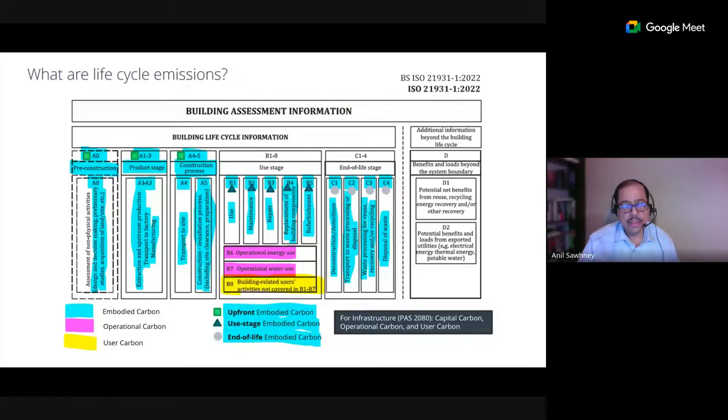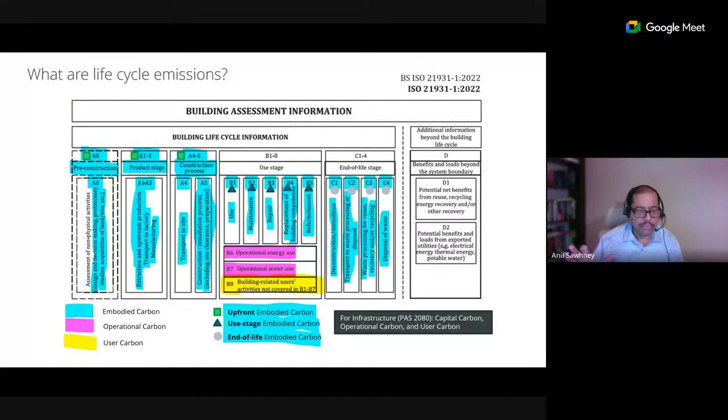Module B is when the asset is being used. So it's called use stage. It has B1 through B8 submodules. Module C is end of life stage. That is when you repurpose, demolish, or do something else with the asset.